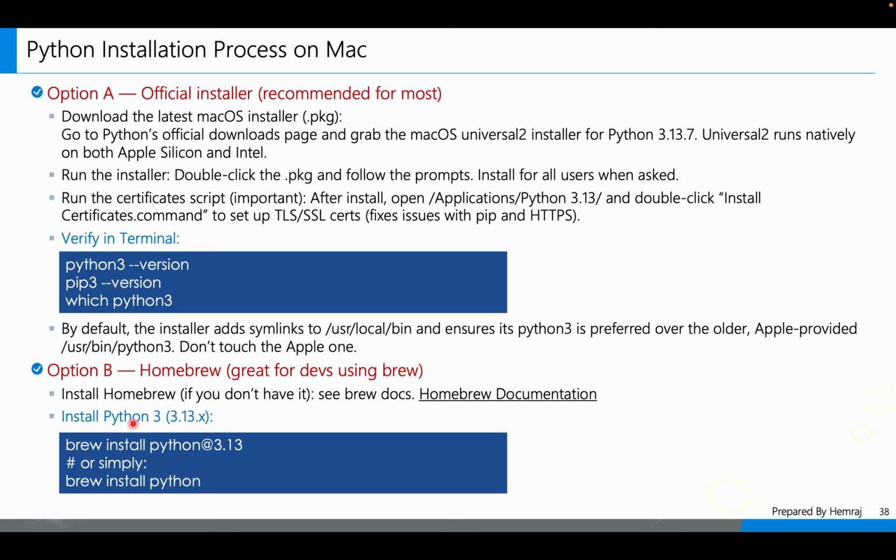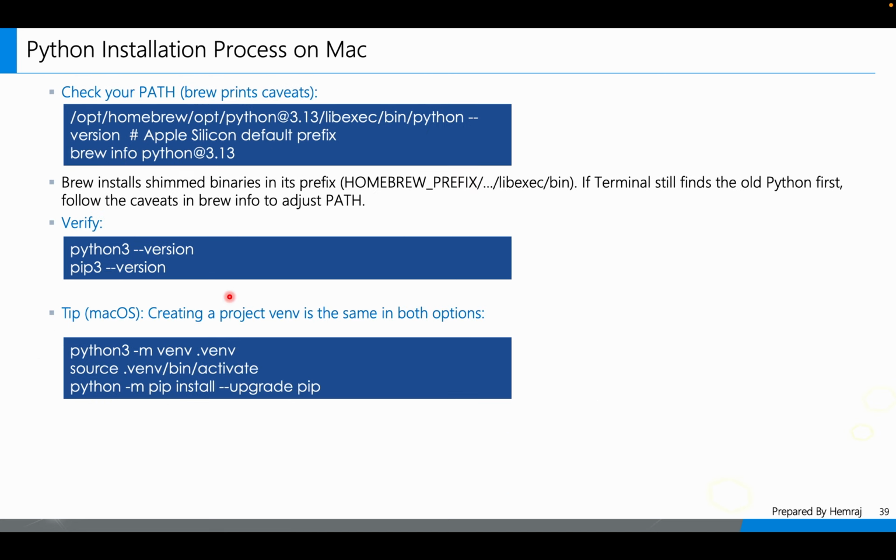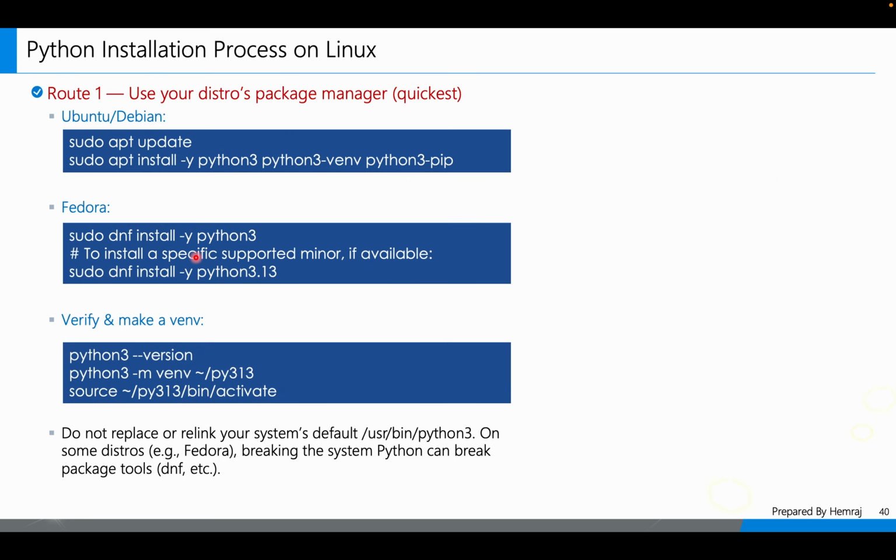Once Homebrew is installed, go for the Python installation. This is the command: brew install python@3.13 or simply brew install python. Run these commands and this will install Python on your system. Once Python is installed, check the installed version using these commands.